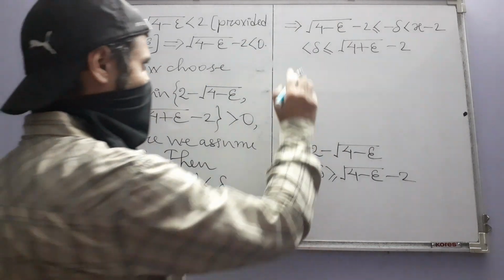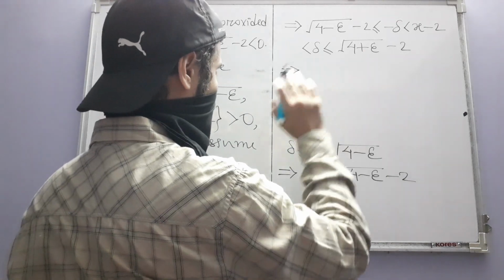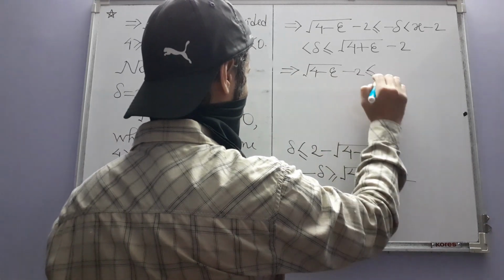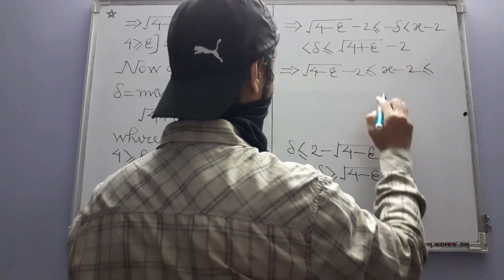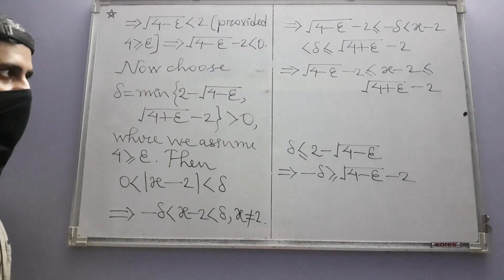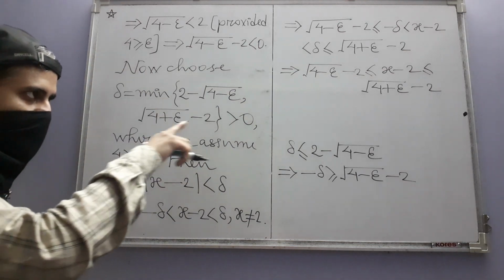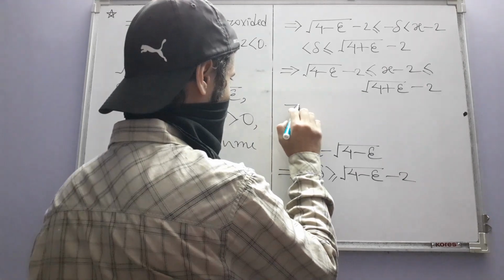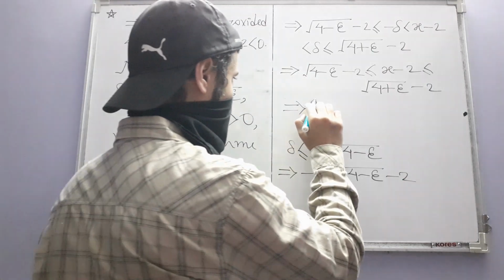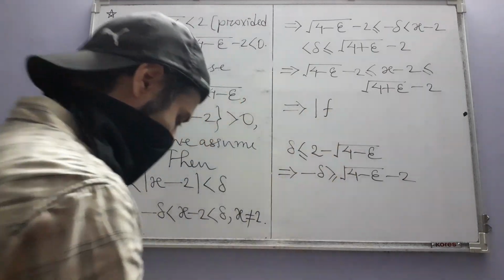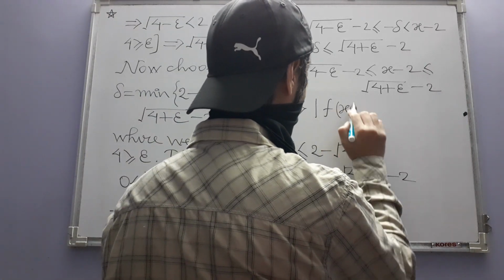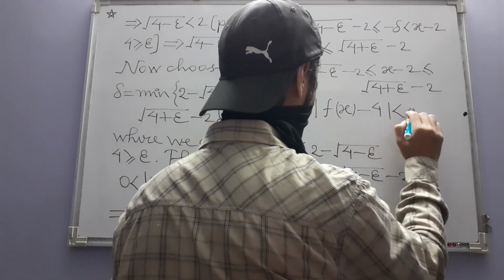Okay. And now if we forget about this minus delta and delta, we then have this. Okay. And the calculations that we did there show us that these inequalities are equivalent to our final thing, that is this.